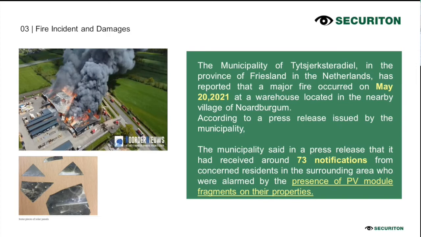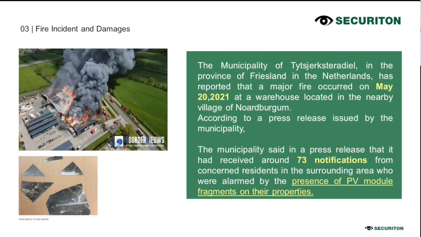And the causes, you can see in the small picture below, the debris which flew or moved around, there were 73 notifications from the residents saying that the presence of PV modules and fragments were in their properties. And this is sharp, as you can see. So this damage can cause a huge impact on humans as well.